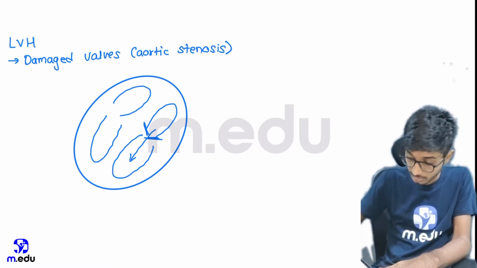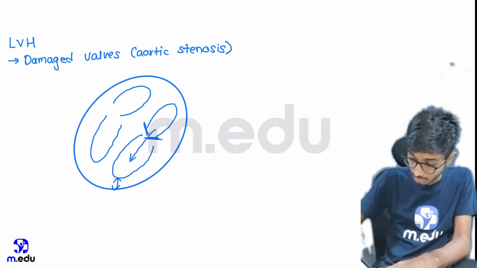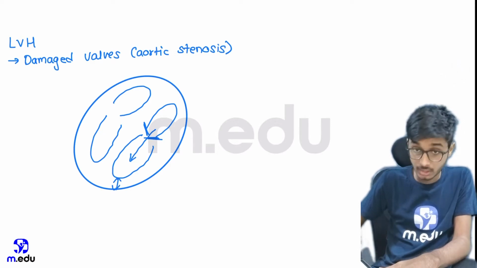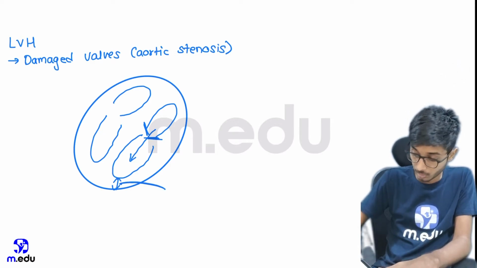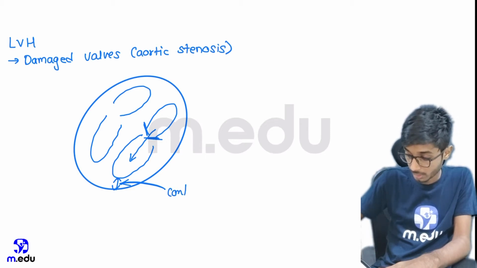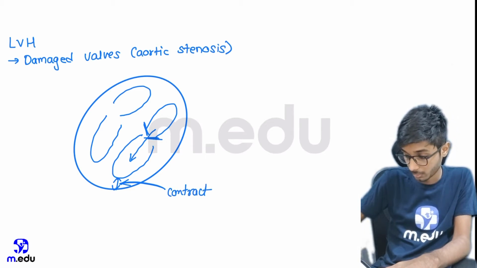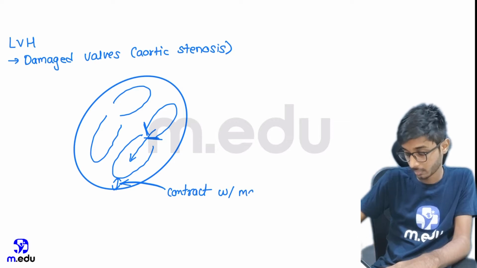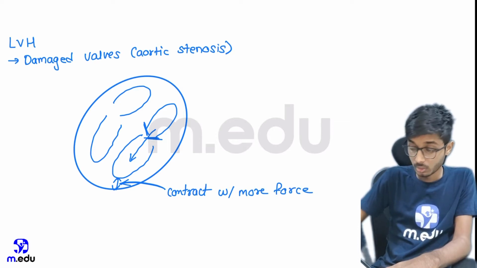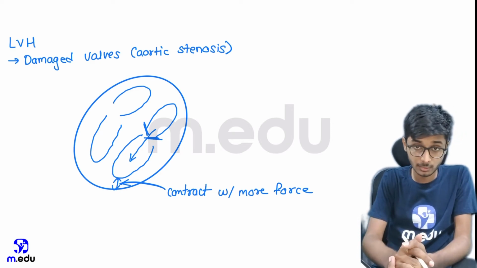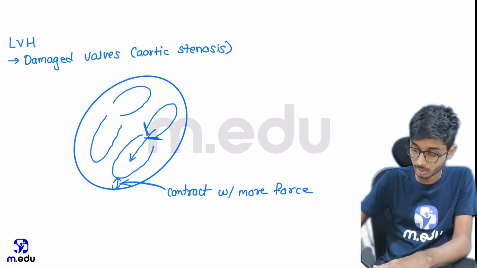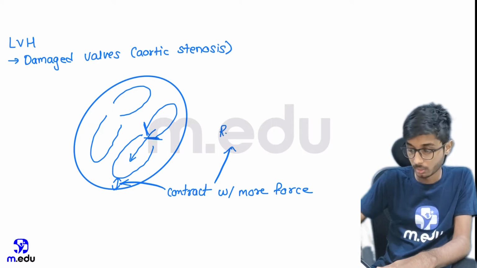So, due to the increased filling, these heart walls get stretched even more to the outside, which will cause it to contract with more force. Due to this prolonged contraction with more force over a long period of time, it results in hypertrophy.